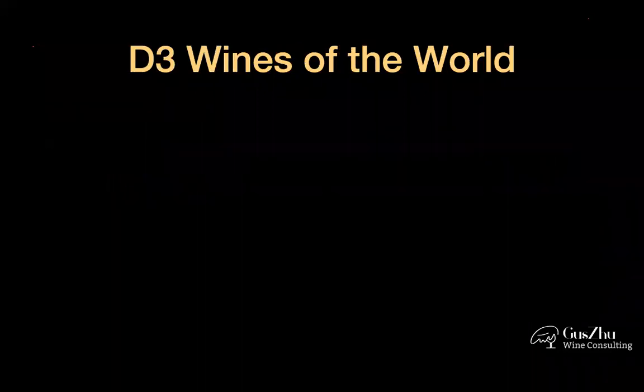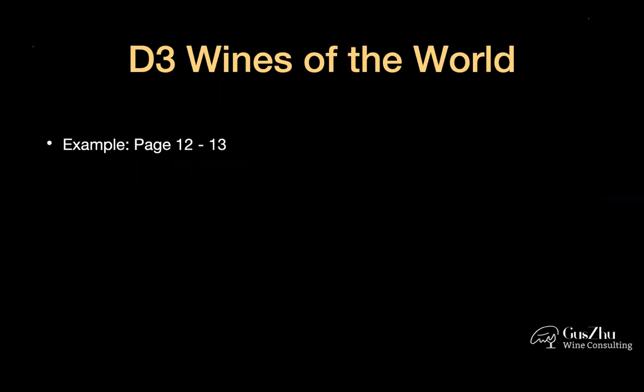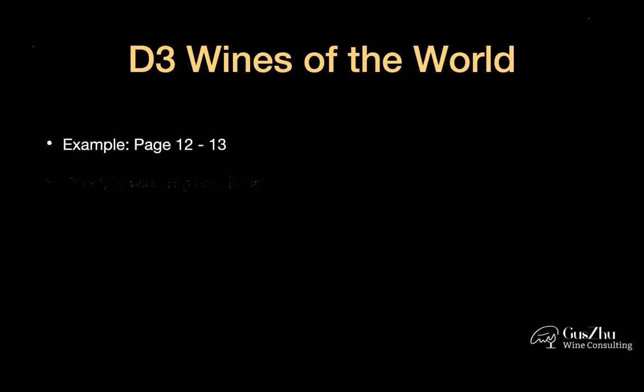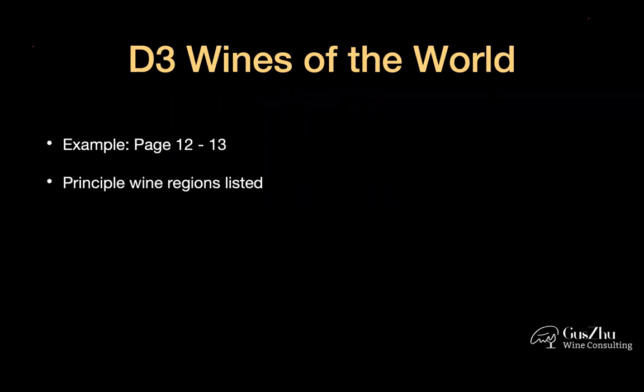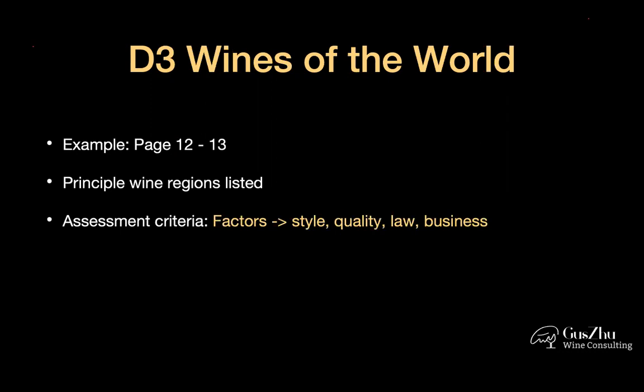Okay, so let's use an example of D3. On page 12 to page 13 of D3, we have all the principal wine regions listed. You need to understand a lot of things about those regions, but again, Level 3 already provides you lots of knowledge about them.